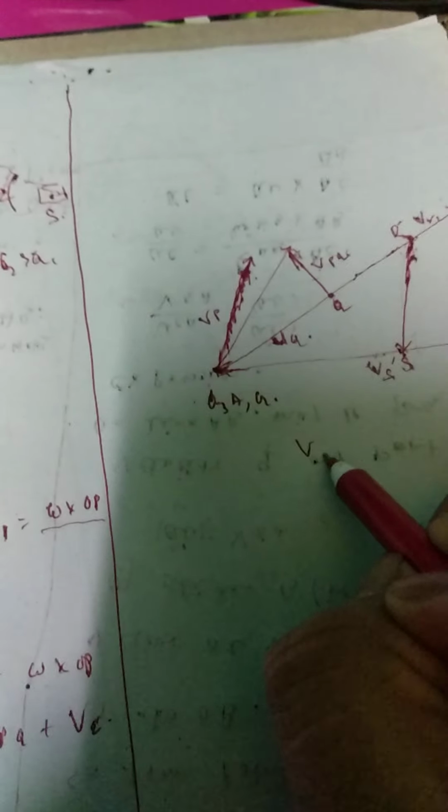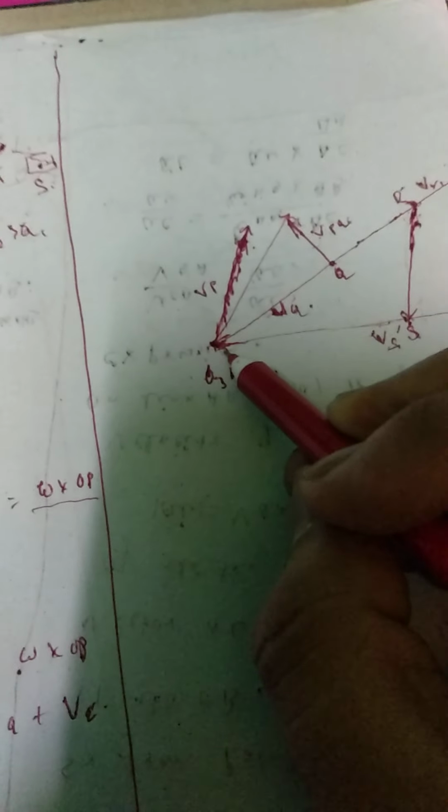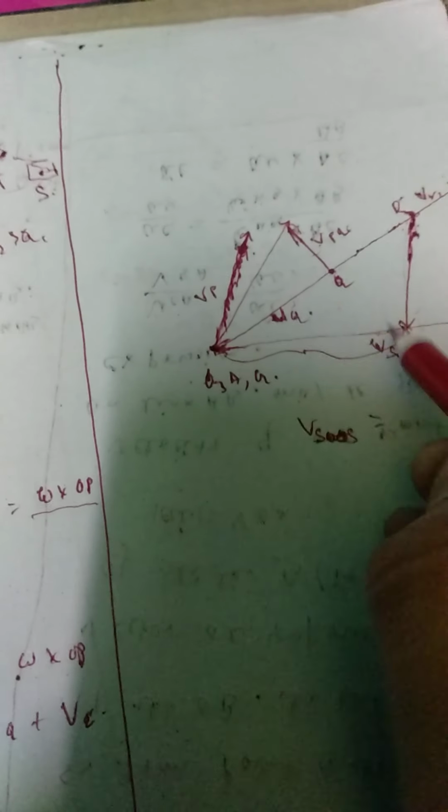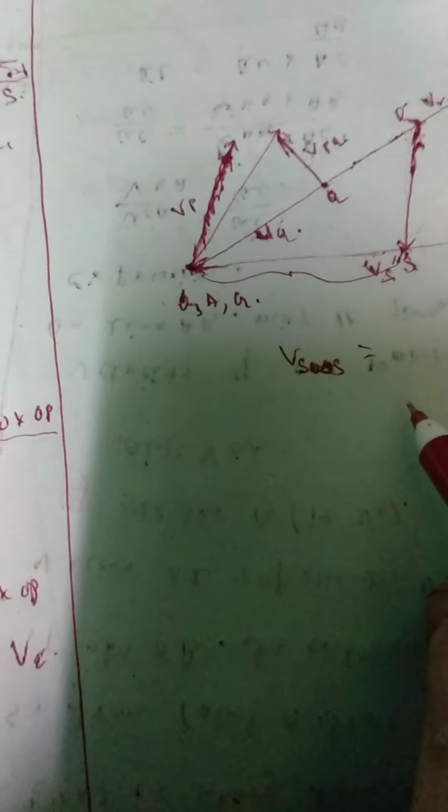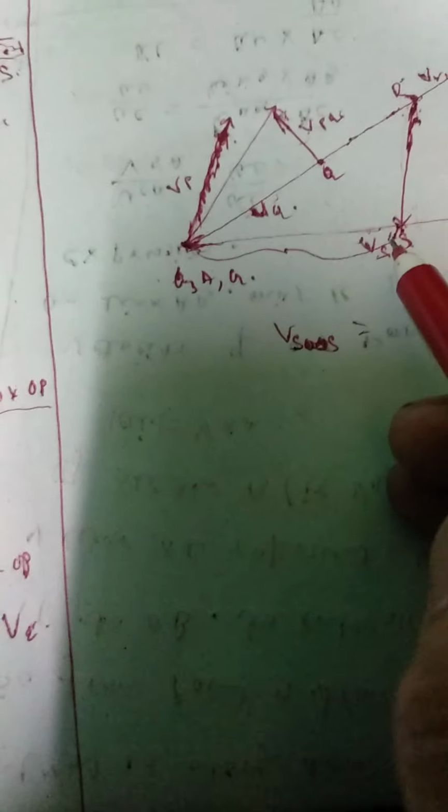Now this is the point S, and the velocity of the slider Vs, the velocity of the slider with respect to the fixed point, is this distance, Vos. So we have found the velocity of the slider. This is all about the slider crank and slotted lever.